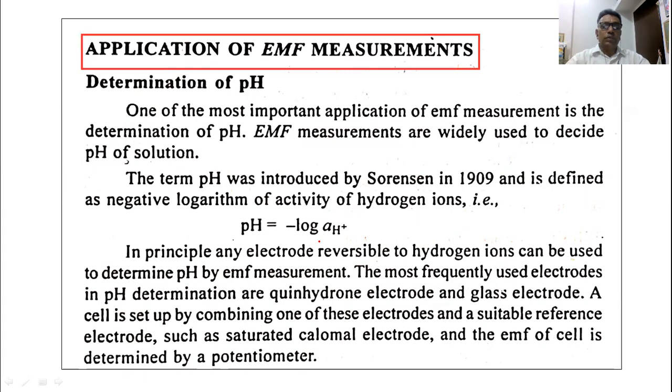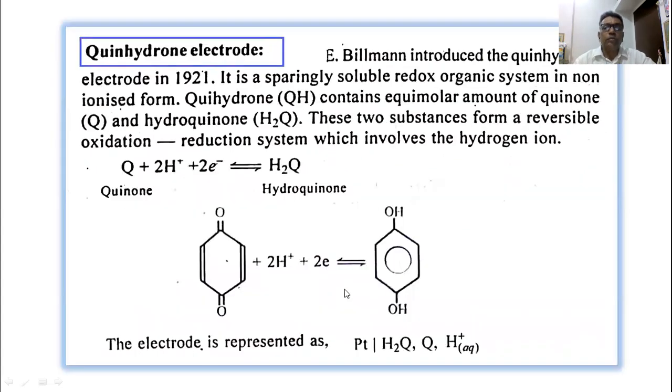The saturated calomel electrode is a reference electrode, which has a known potential. With the help of the quinhydron electrode, we can determine the pH of the solution. So what is a quinhydron electrode? Let us discuss it now.